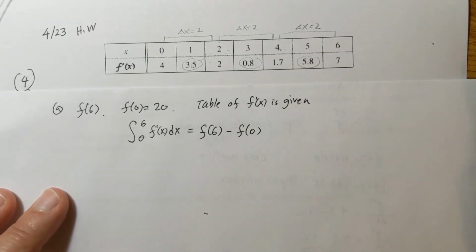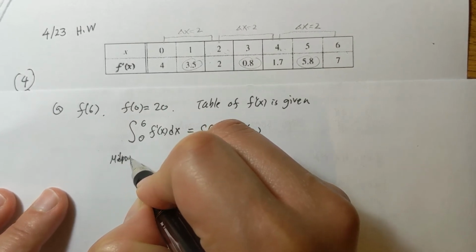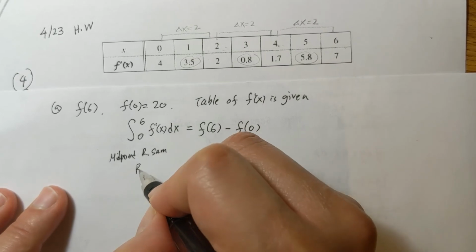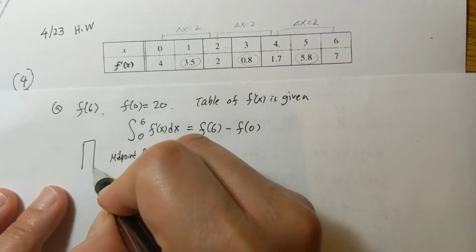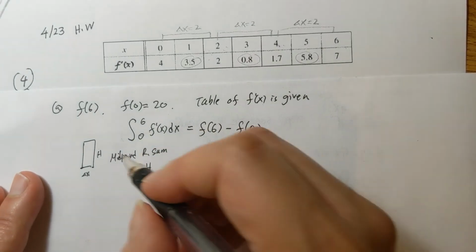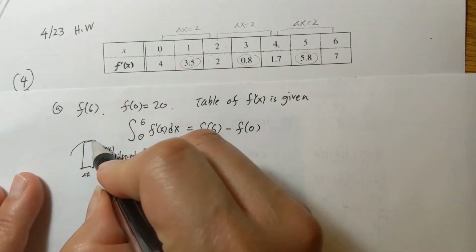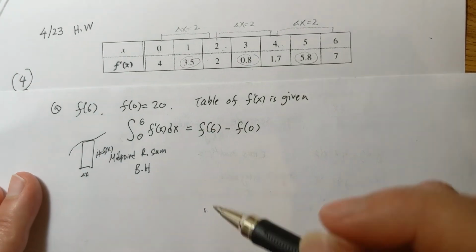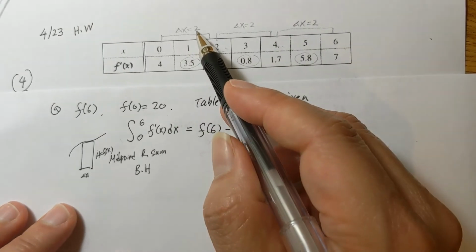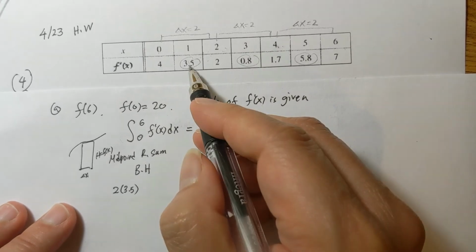So to use the midpoint Riemann sum, that means you do base times height, rectangular approximation. Delta x is the base times the height. The height is the f of x. Okay, so if you remember. So now over here we have 1, 2, 3 rectangles. The first one, the base is 2, so 2 times 3.5, that's the height.